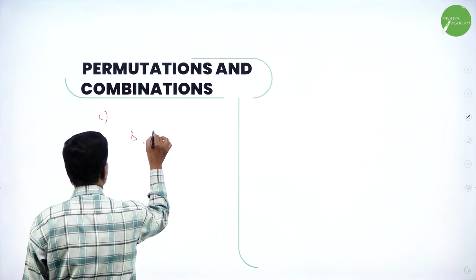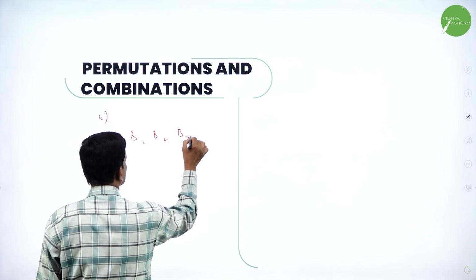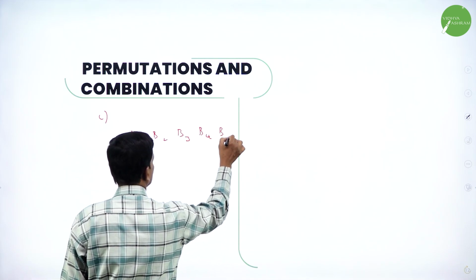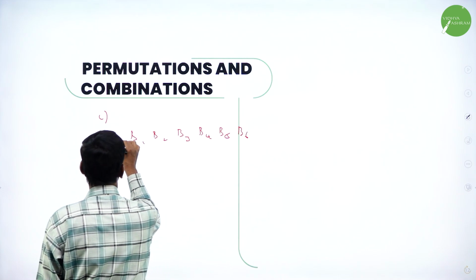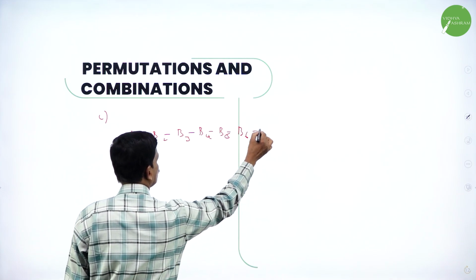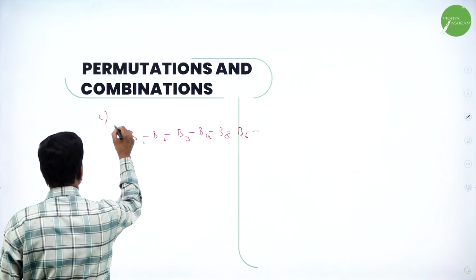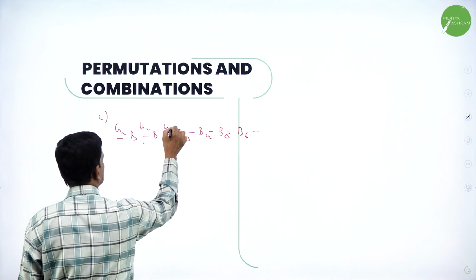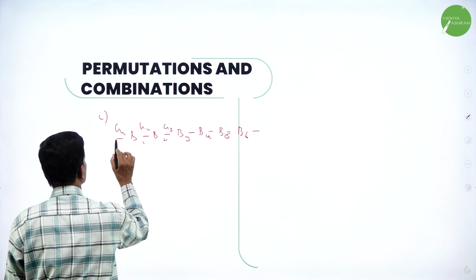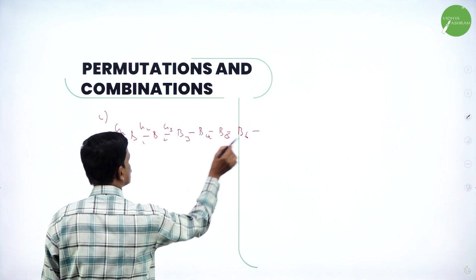Let us consider B1, B2, B3, B4, B5 and B6. Here these gaps can be filled by the girls, right? In between these, the girls can be placed. How many places are there? 1, 2, 3, 4, 5, 6, 7.